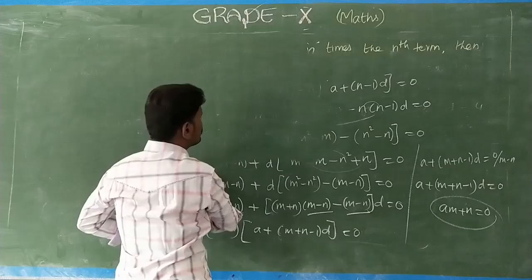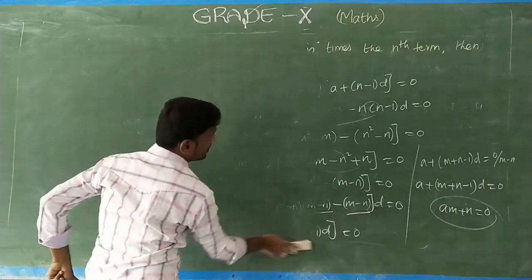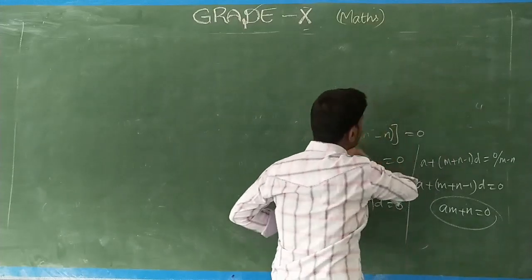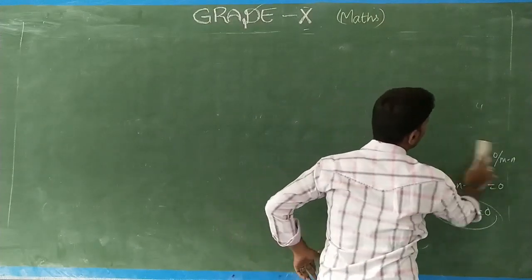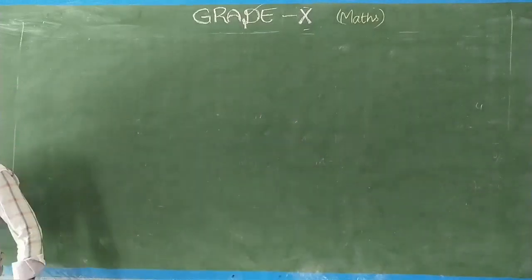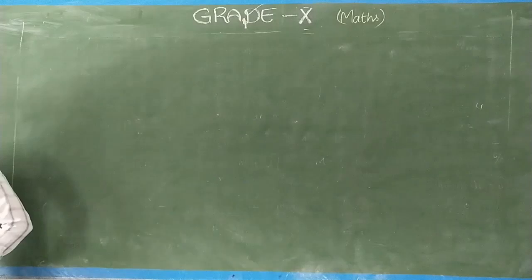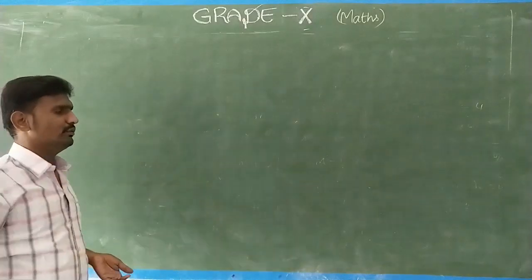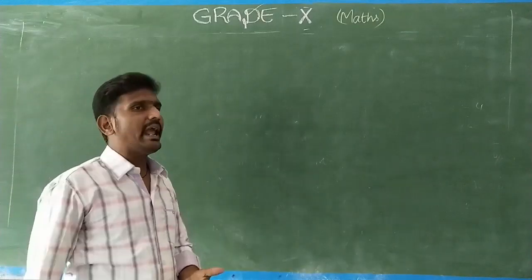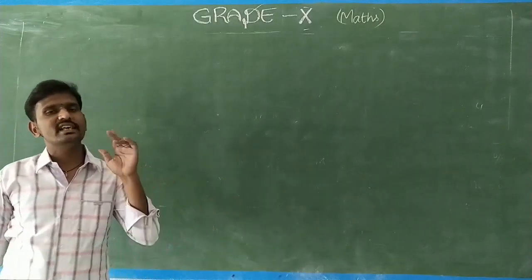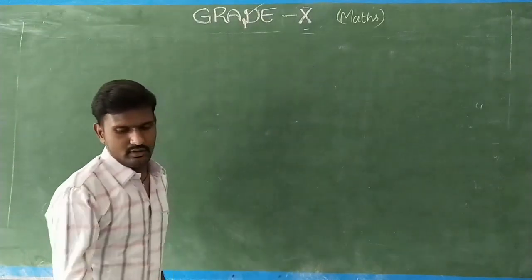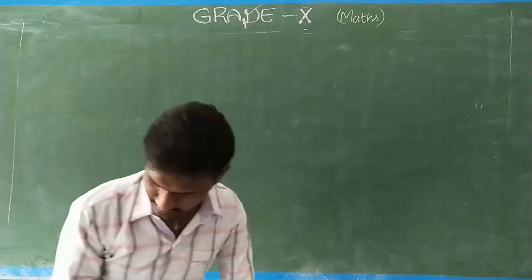They can give it with different numbers, like if 9 times the 9th term of an AP is equal to 8 times the 8th term. Like that also they are going to give you. For that also, do the same by using m and n as the numerals. Okay students, it's fine. Then the fourth question.